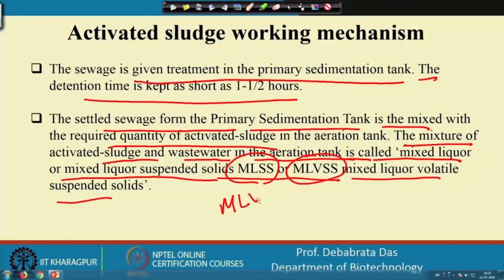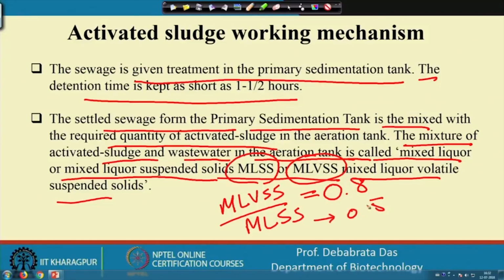So, the ratio of MLVSS to MLSS plays a very important role. Usually this ratio should be 0.8. Now, if this ratio is low, suppose it is 0.5, then what does it indicate? It indicates that 50% of the suspended solids is organic.